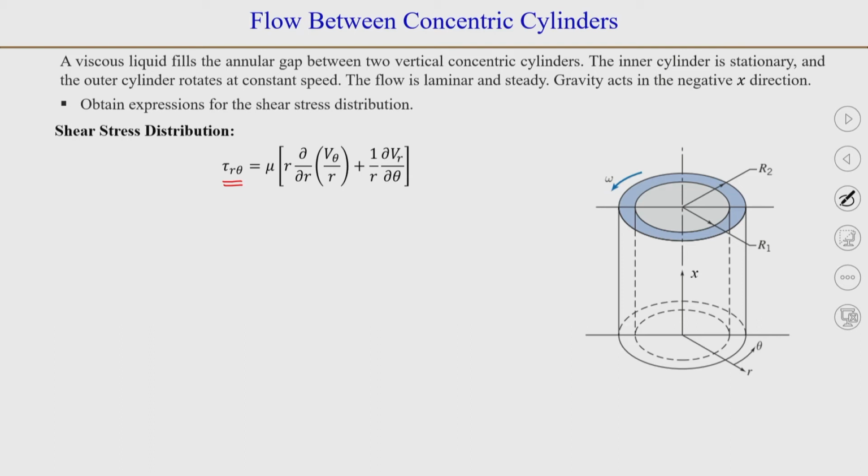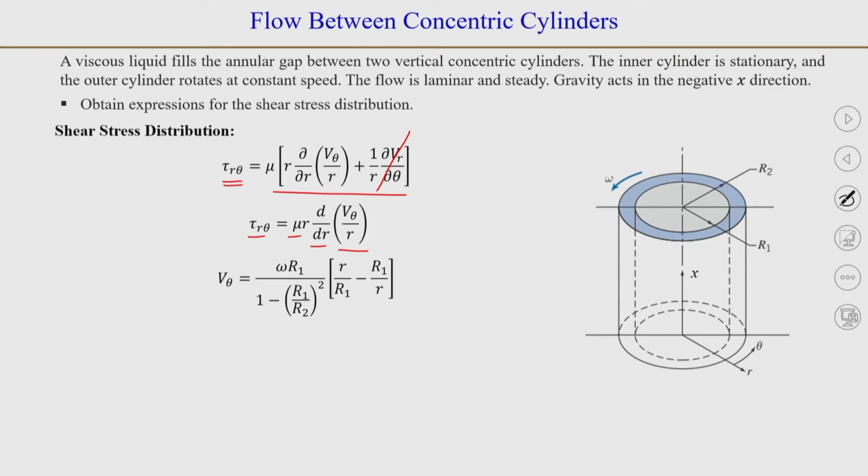So, that is the general expression for tau r theta in the cylindrical coordinates, and because dou by dou theta is 0 and V r is 0, this term will be 0, and you will have tau r theta is equal to mu into r d by d r of V theta by r. You can use the ordinary derivative, because V theta is a function of r only.